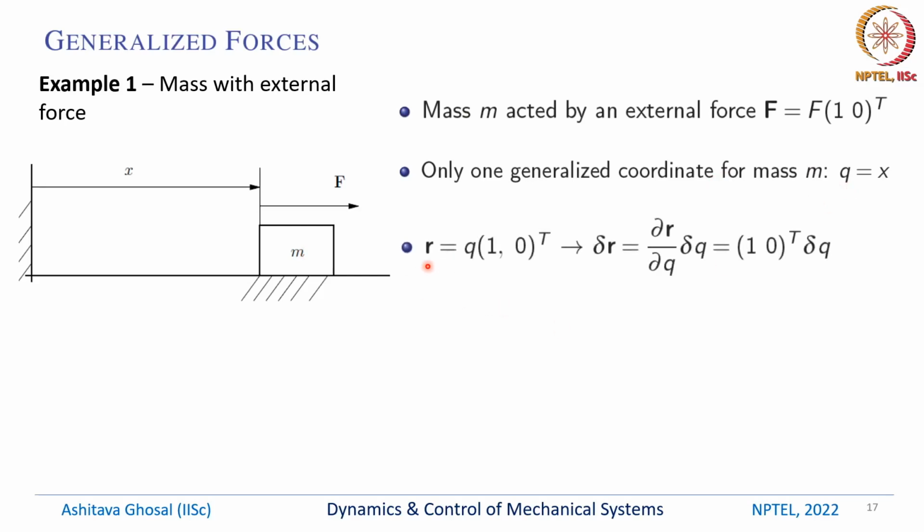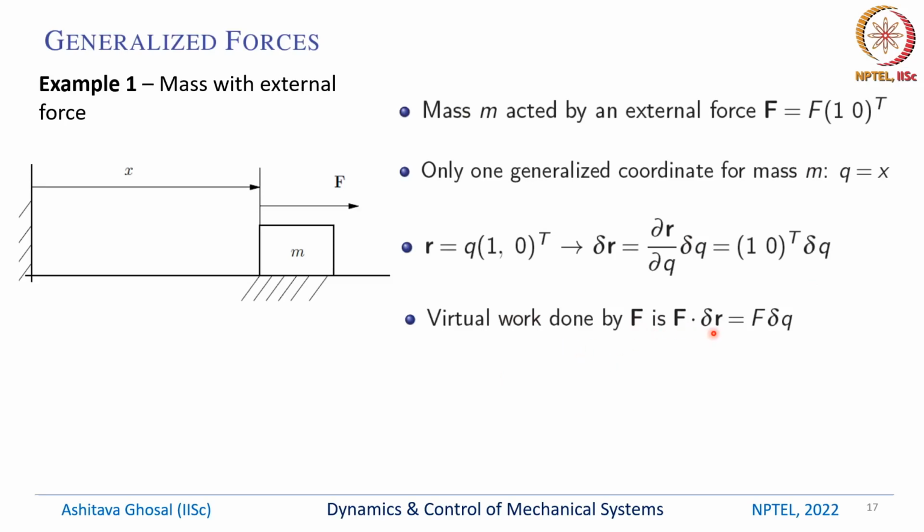So what is R? R is Q into 1, 0. So this is along the x direction, and y is 0. What is delta R, which is partial of R with respect to Q into dq? The derivative of this is 1, 0 into delta Q. What is the virtual work done by F?